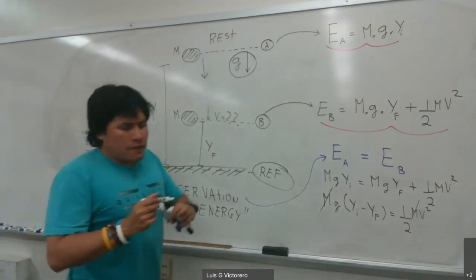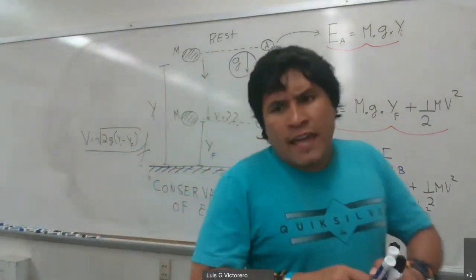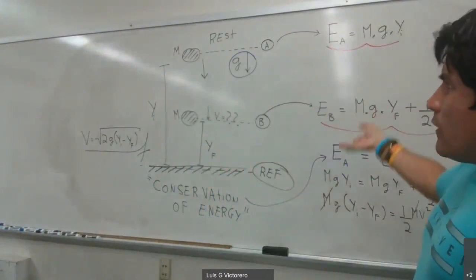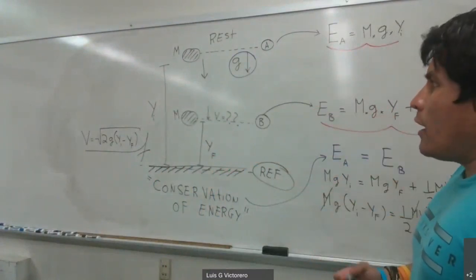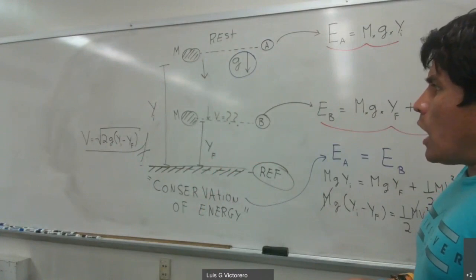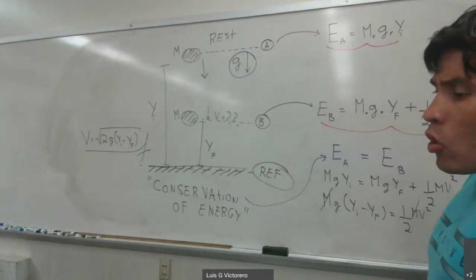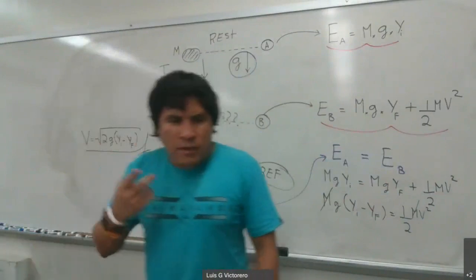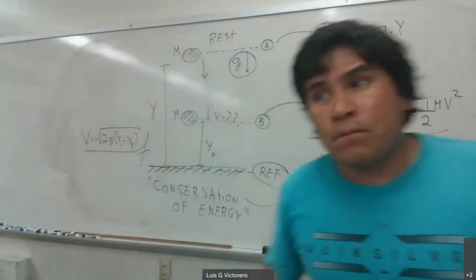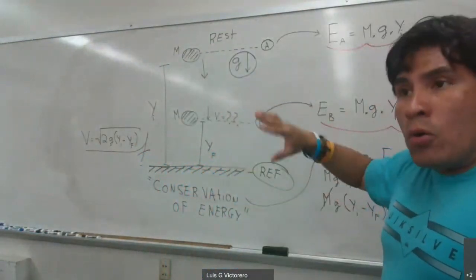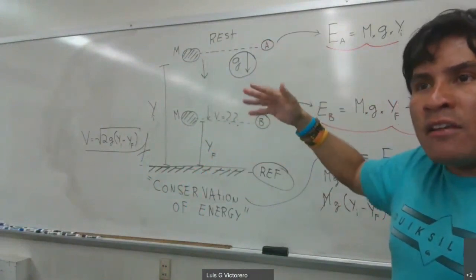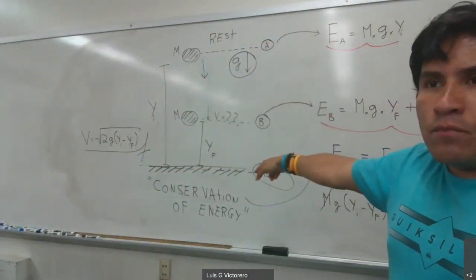If you use kinematics, you will have the same equation. But of course, the problems are going to be more complex, like what I was mentioning last class, the roller coaster, where we have to be careful with the potential and kinetic energy and our reference point.